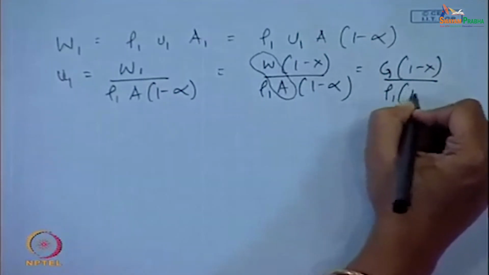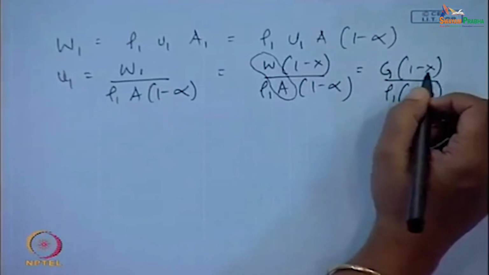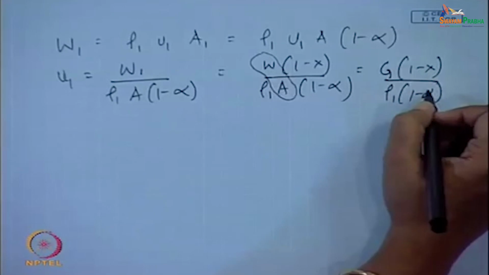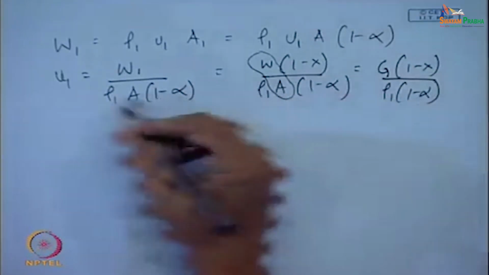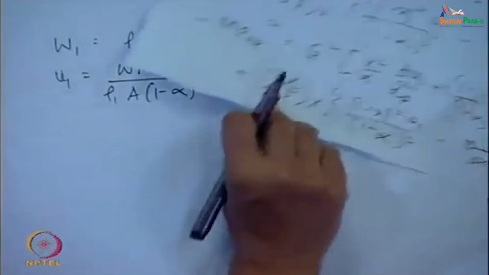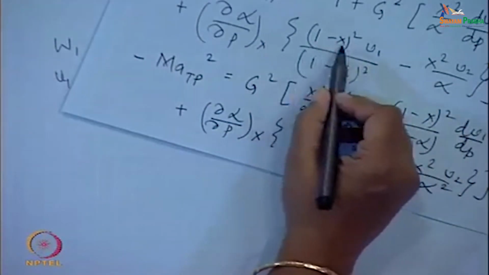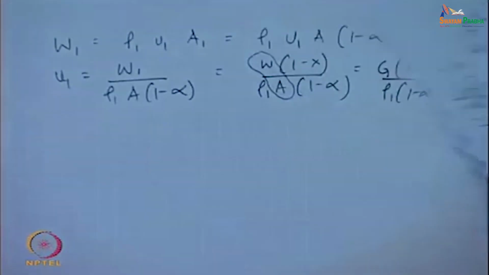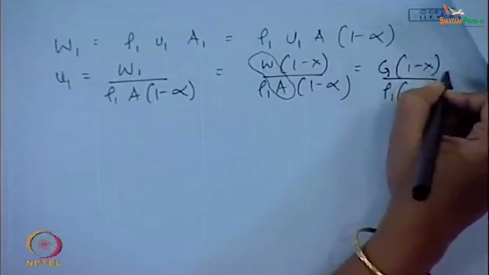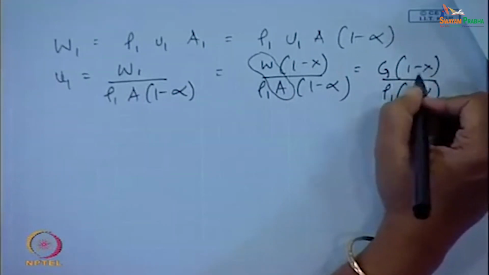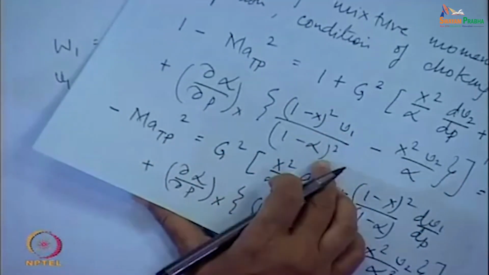See, these things have to be there in your mind very thoroughly, otherwise it is going to be difficult. Okay. So, therefore, U1 equals this. Here we had something like 1 minus x whole square by 1 minus alpha square into v1, where 1 by rho 1 becomes v1.